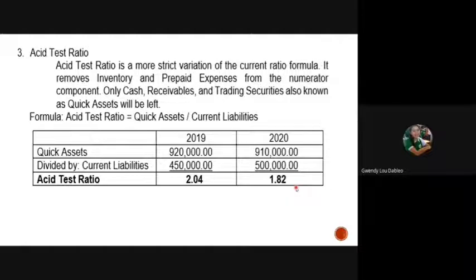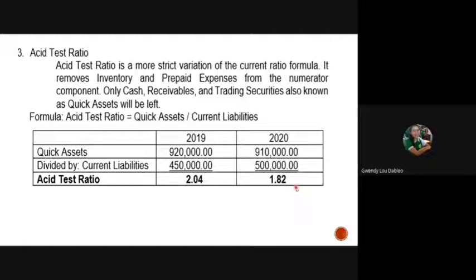Okay, ABM company has 2.04 peso worth of quick assets for every 1 peso of current liabilities for the year 2019. This is something positive, right? It means that the company has the capability to pay its maturing obligations through quick assets. Unsay pasabot ato, ma'am?